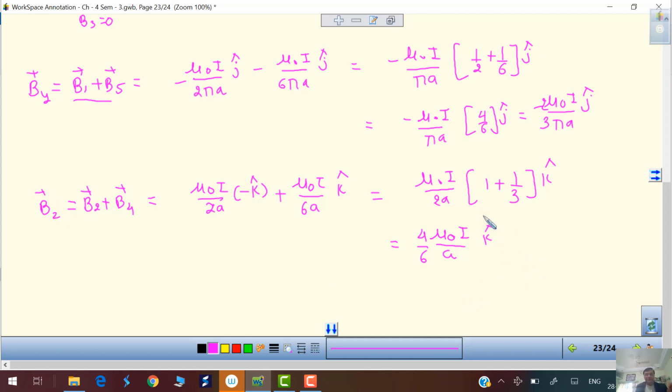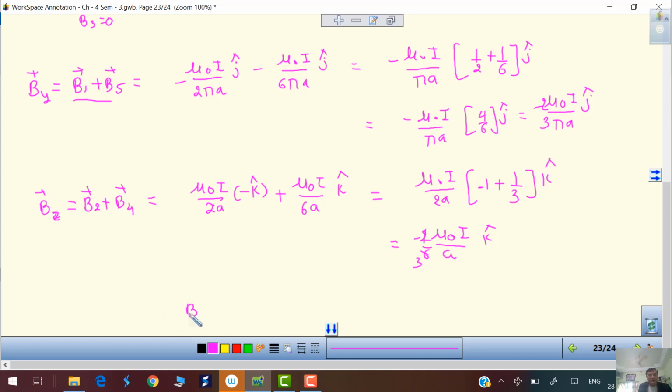Oh, I made a mistake. Sorry. This is the minus. So minus 3 plus 1 is minus 2, divided by 6. So 1 by 3. Okay. So this is the z component.